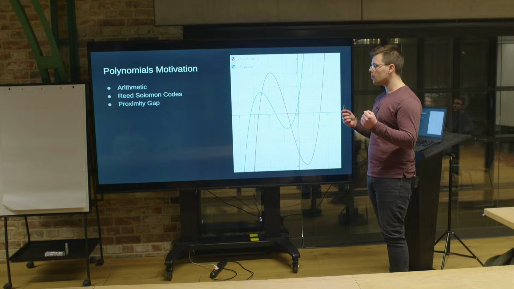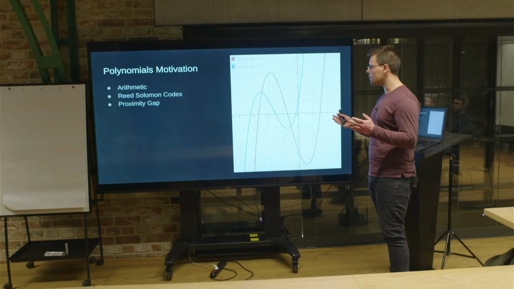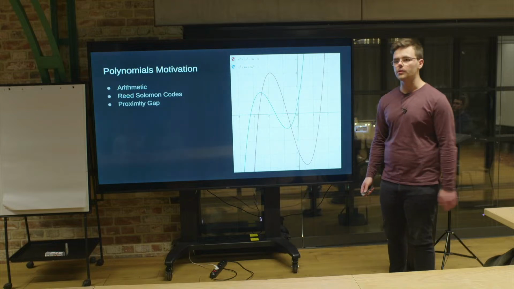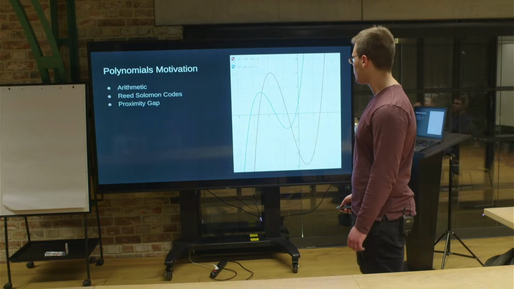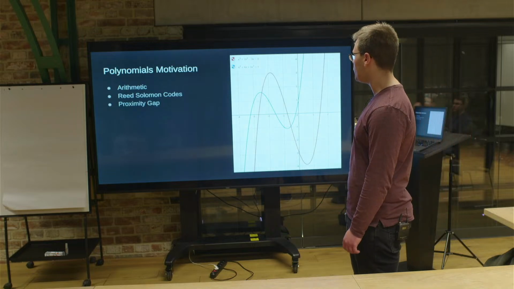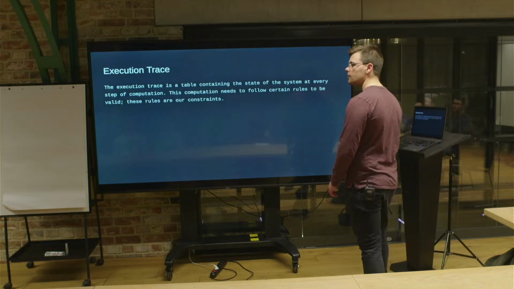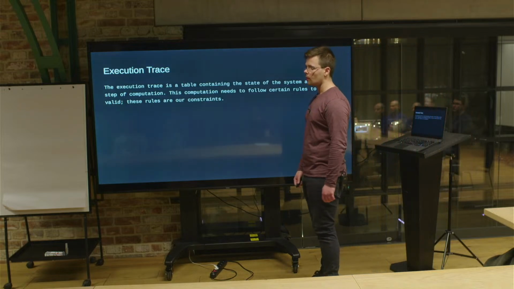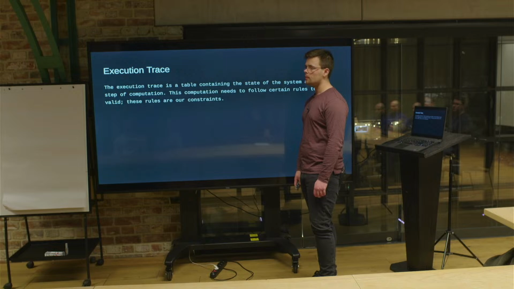Either the polynomials are the same and every point is the same, or almost none of the points are the same on two arbitrary polynomials. So the proximity gap is the same as the Schwarz-Zippel lemma?